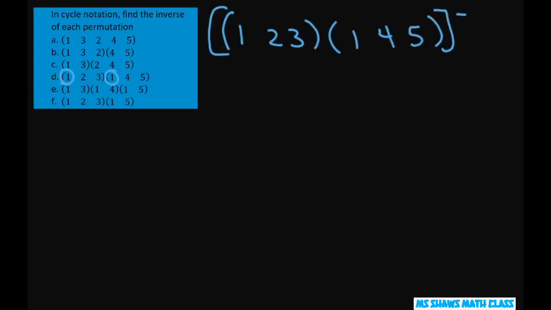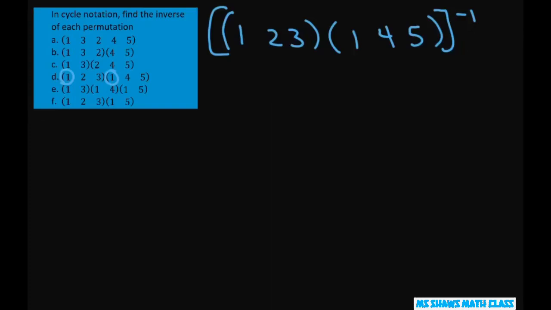Okay, the next one, a little different. They both have 1s in it. In the previous video, we went over the 1s. So basically for this one, we want (1 2 3)(1 4 5) inverse.